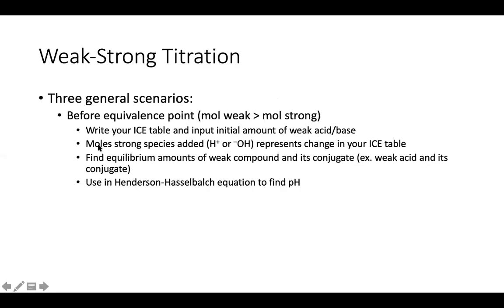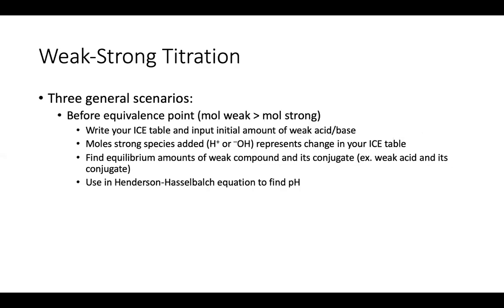Now, the moles of strong species added will be the moles of hydroxide that we add, and they represent the change in our ICE table, right? So if we add 0.1 moles of hydroxide, we would add 0.1 moles to our product side in our ICE table, and we'd subtract 0.1 moles from our reactant side.